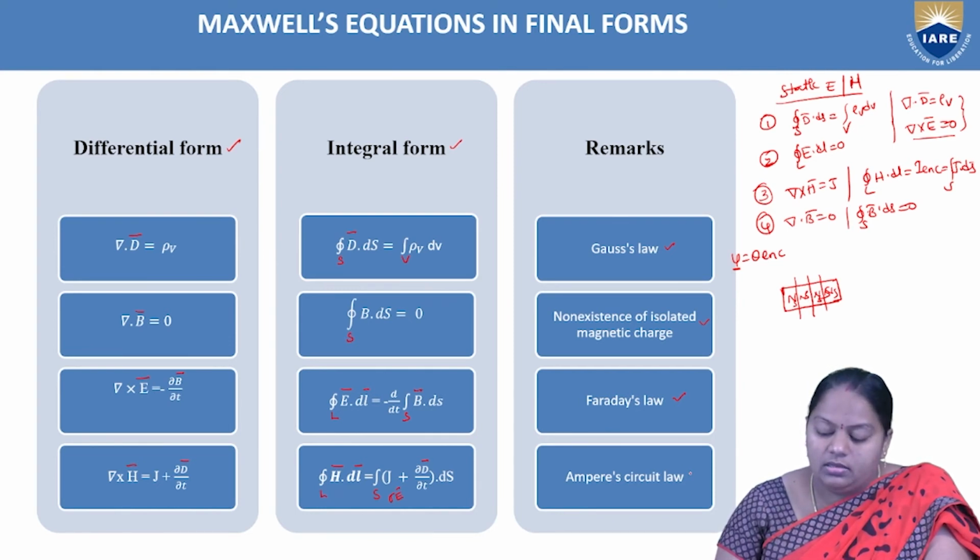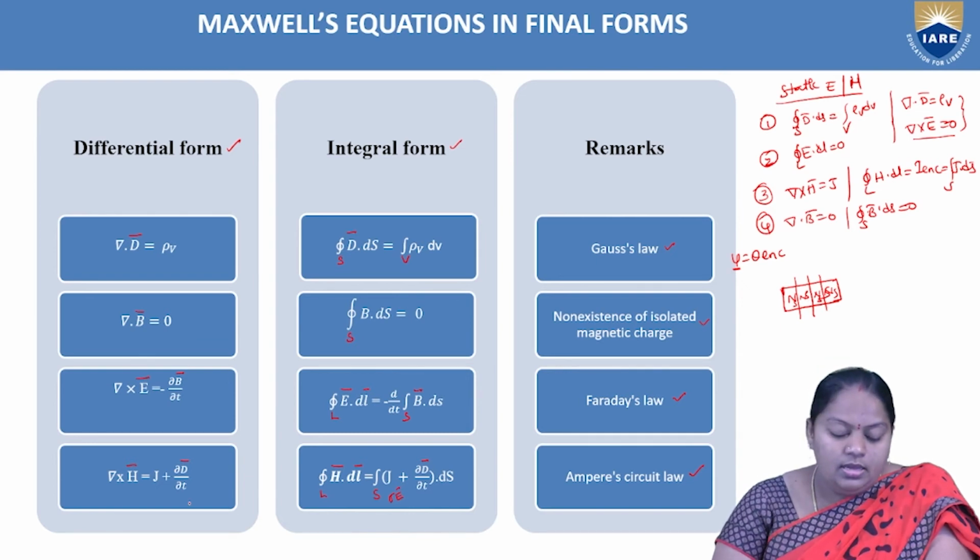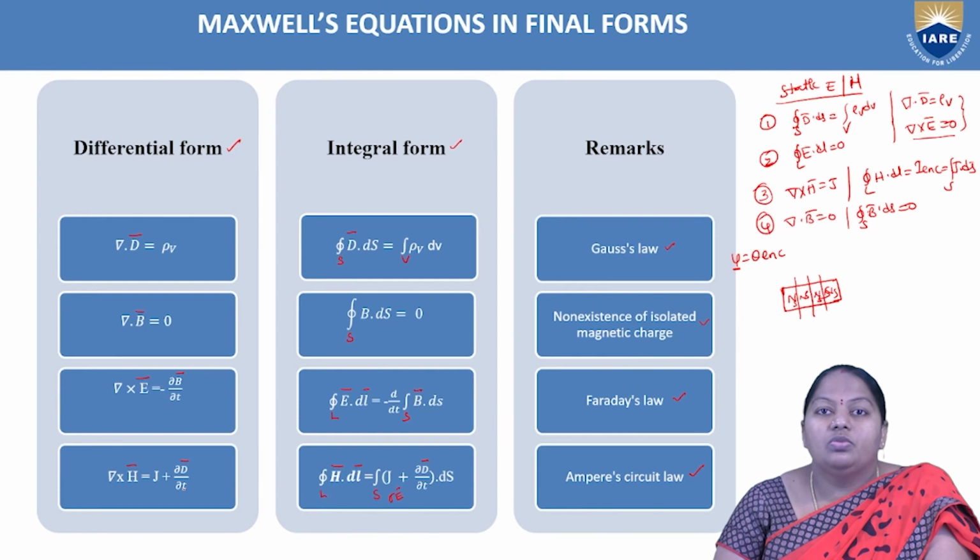That is the modified form of Ampere's circuit law, obtained in the case of time varying fields or electromagnetic fields as del cross H bar is equal to J plus dou D bar by dou t.